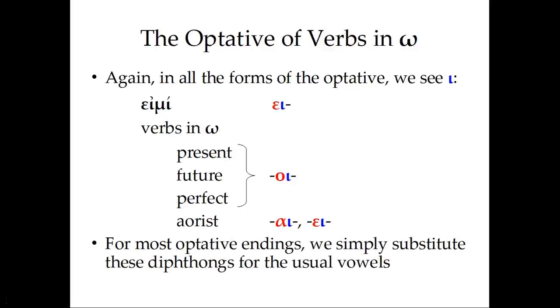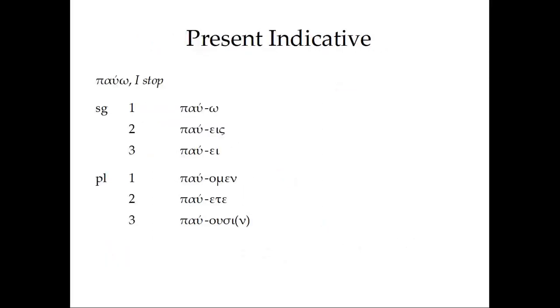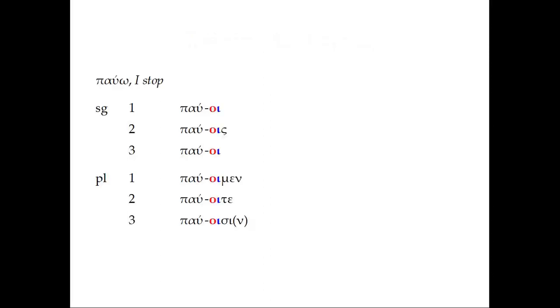For most optative endings, we simply substitute these diphthongs for the usual vowels. For instance, this is the present indicative of pauo, I stop, etc. We're going to substitute that oi diphthong, omicron, iota, for all of the normal vowels, diphthongs we see here, like the omega in the first person singular, the epsilon iota in the second person and third person, etc. So we just plug all of those in, and we're only going to make two slight changes.